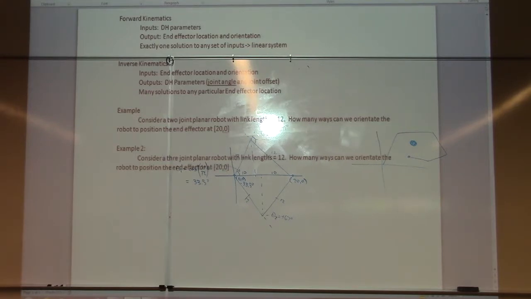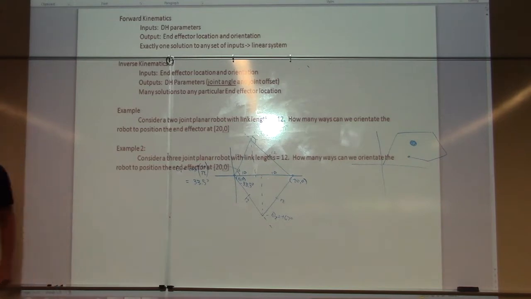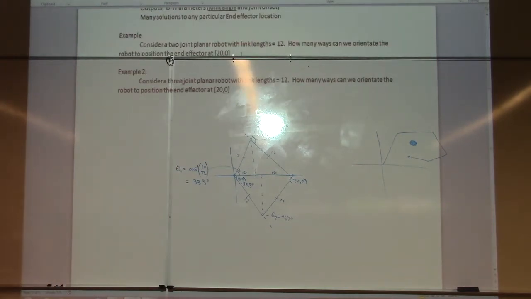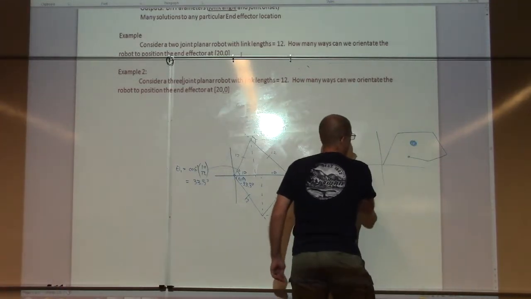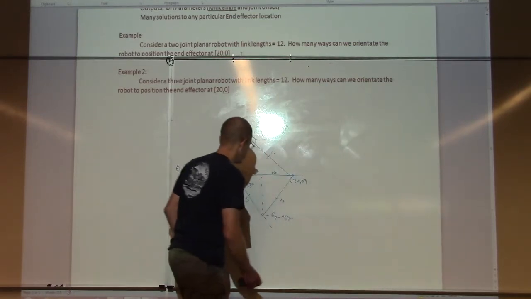Same question. How can we go through and repeat this problem, but now with 3 links? And how many solutions are there going to be?